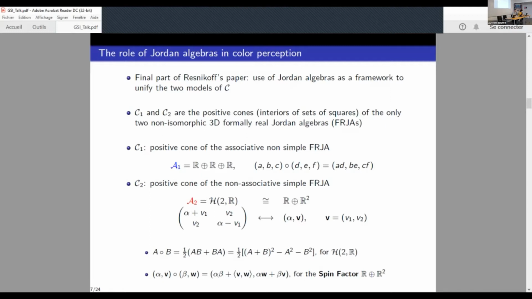And the second cone corresponds to this Jordan algebra here, that is the Jordan algebra of symmetric 2x2 real matrices, parameterized like this, and with this Jordan product that is called the matrix Jordan product, that is isomorphic as a formally real Jordan algebra with this other one that is called a spin factor. And the spin factor has this Jordan product here that you can see.